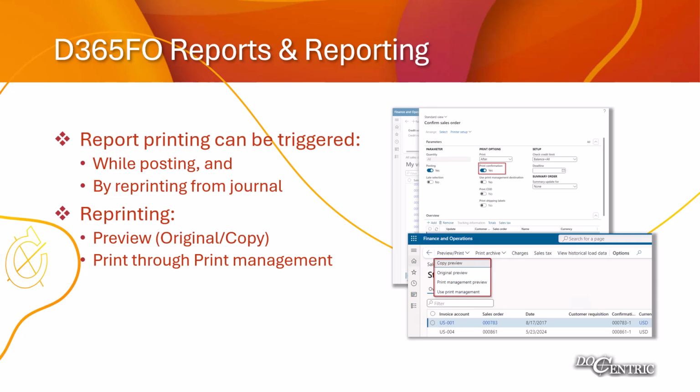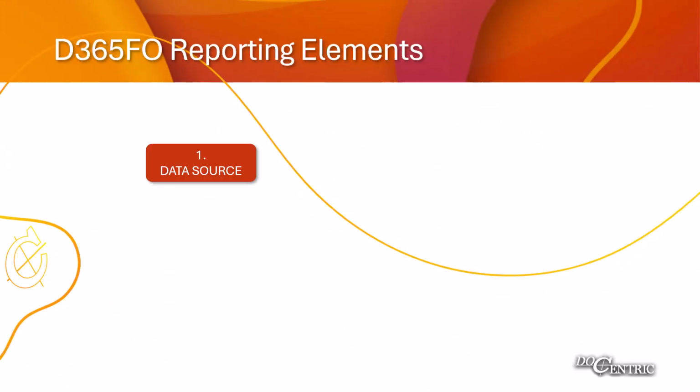Now that we clarified what I mean when I say D365 F&O reports and how the reports are executed in F&O, I should also specify what I mean when I say D365 F&O reporting. F&O reporting covers various tasks required to, first, prepare the data source for the report. For example, if you create a sales invoice document which you will send to your customers, you need to decide which data you need to show on this document, and you need to fetch that data from the system.